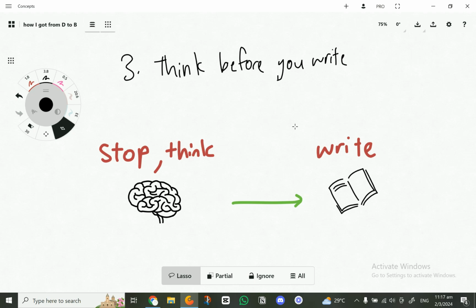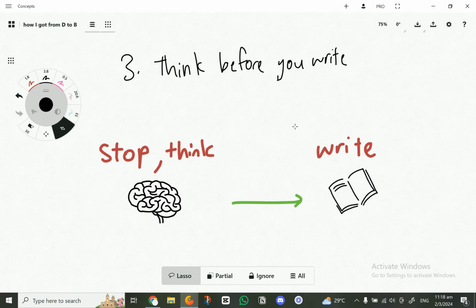Another benefit of thinking before you write is that it helps you write notes that actually make sense for you. What do I mean by that? When the teacher teaches you something, it is based on the way the teacher sees it, as it makes the most sense to the teacher, if it makes sense at all.